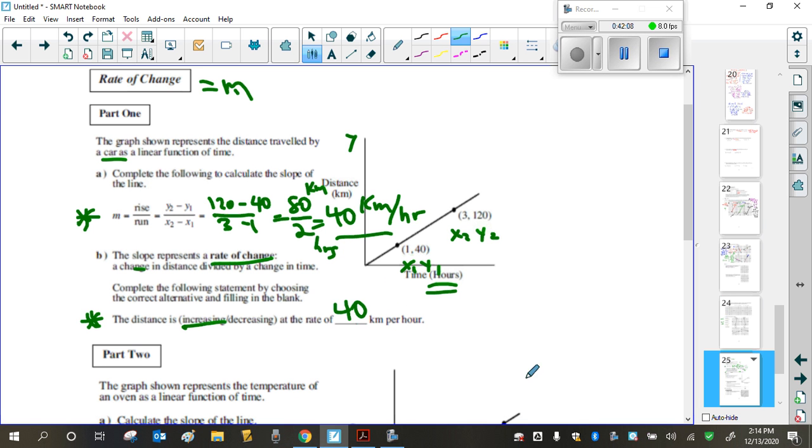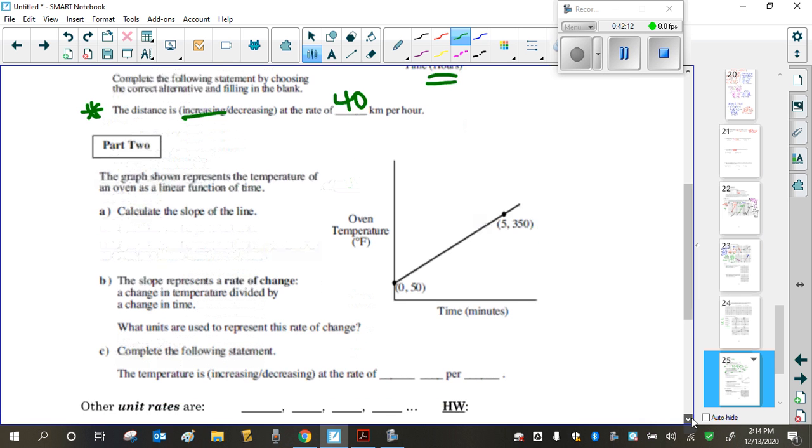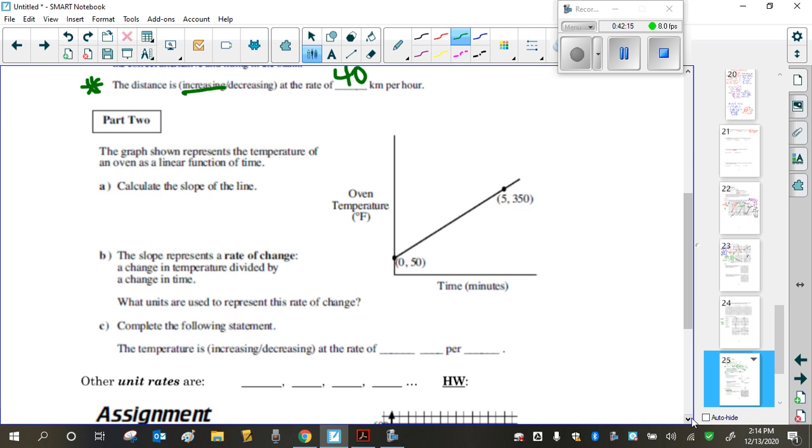Okay, just one more of these, and I'll get you to do this one. Calculate the slope, aka calculate the rate of change. So this is your first point, this is your second point. Go ahead and do that, and then I want you to also fill this in. And I also want you to fill this in.